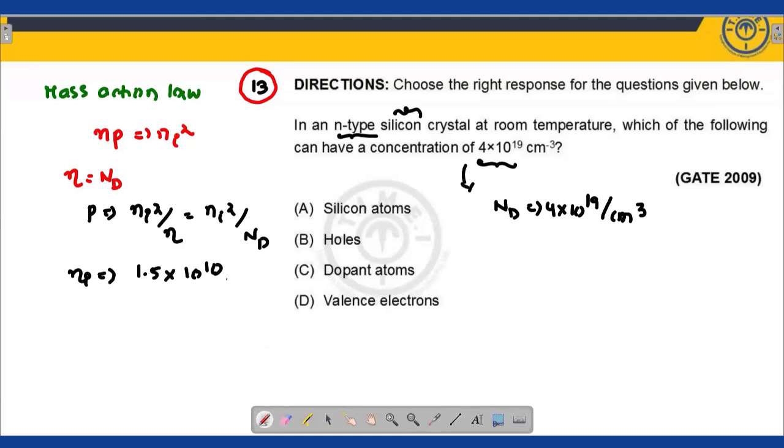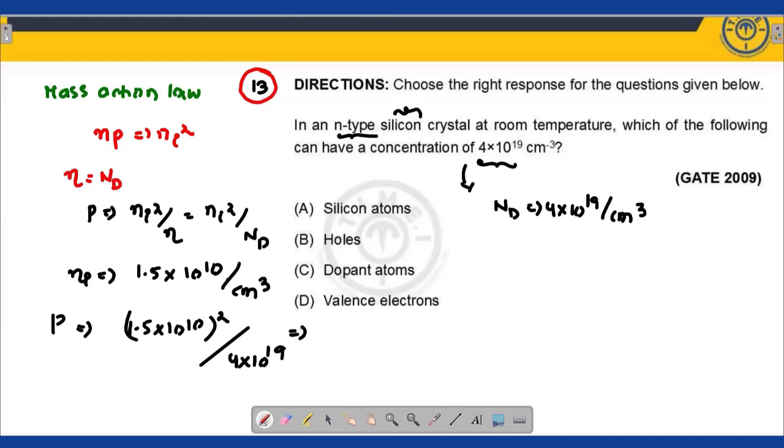Now substitute: P equal to Ni square, 1.5 into 10 power 10 whole square, divided by the Nd value, 4 into 10 power 19. Then you are getting this particular value is equal to 5.625 per centimeter cube.